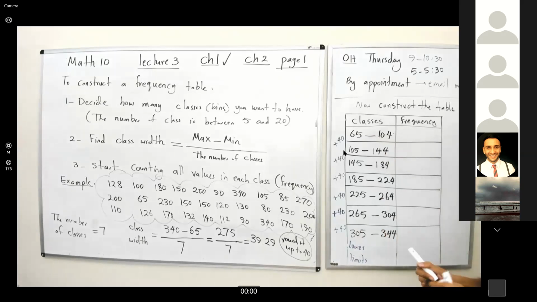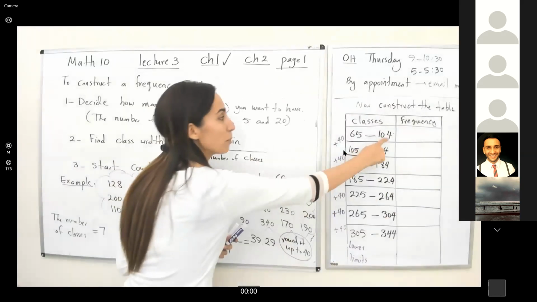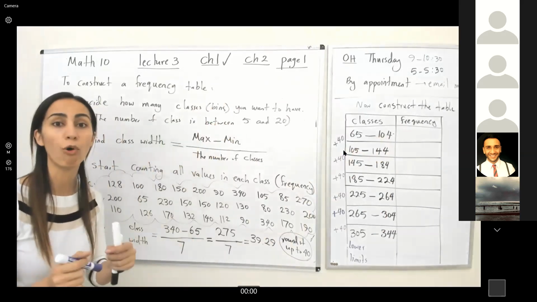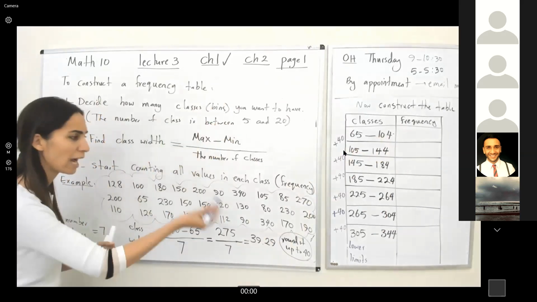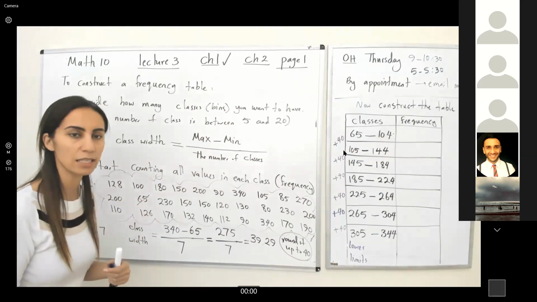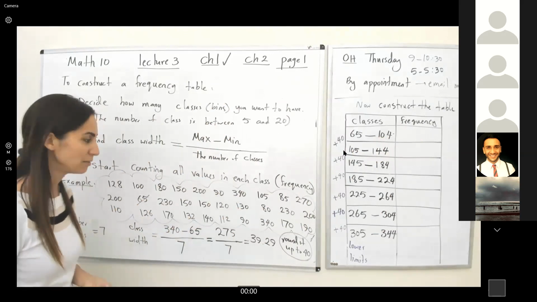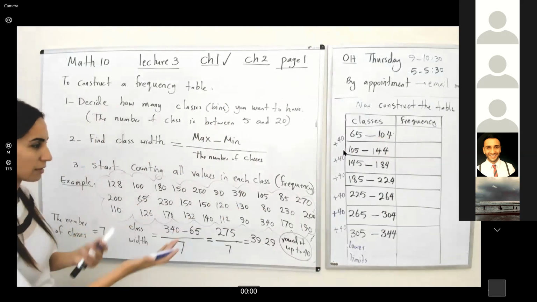So, how many data do we have in the first class? It starts from 65 and it stops at 104. Do I have any 65? Yes. Do I have any 66? No. Do I have any 67?